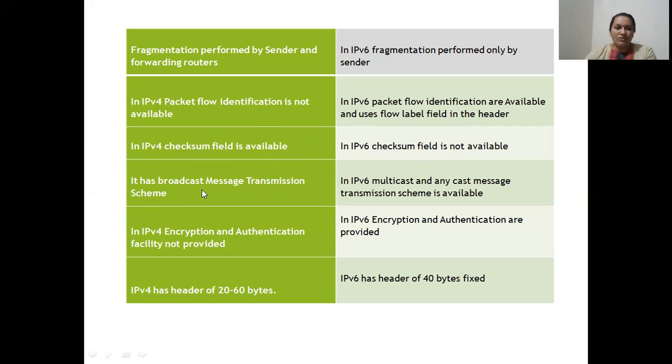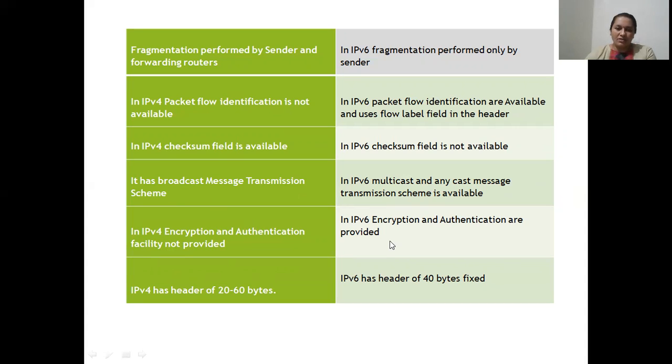IPv4 has only broadcast message transmission scheme. It does not support multicast and anycast messaging scheme, whereas IPv6 supports the multicast and anycast message transmission scheme. In IPv4, encryption and authentication facility are not provided, whereas these are provided in IPv6.